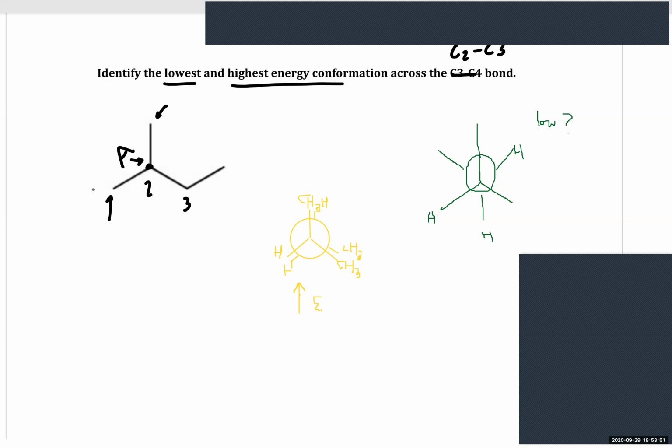So we have a proposal for the lowest energy conformation where two of our methyl groups are anti to each other. And we have our highest energy conformation where we have our methyl groups eclipsed to each other. Does anyone have another proposal? What does the class think for these responses?